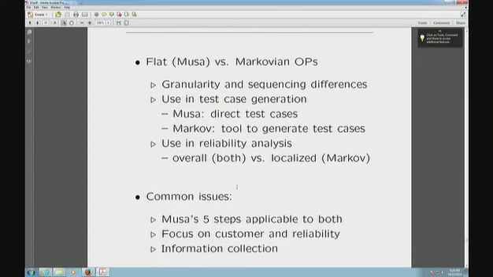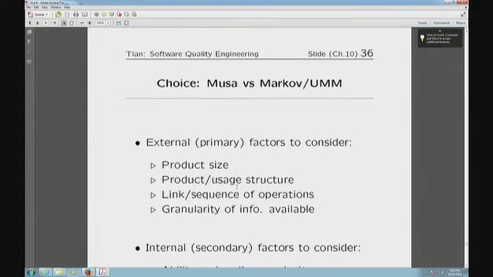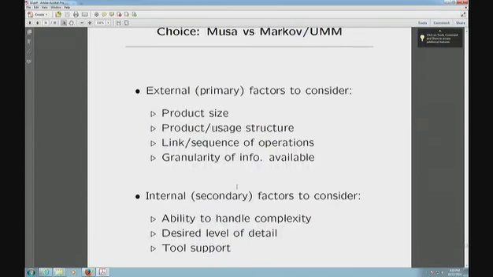There are also some common things about how you get the information and how you construct the operational profile. In terms of the choice, really look at your application. If state transition is natural to you, then use the Markov operational profile. If it's a one lump sum kind of operation, the Musa operational profile is simpler, and if it's adequate, use it.